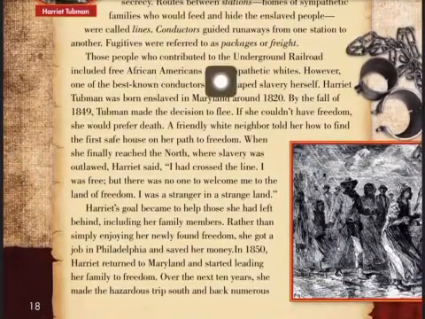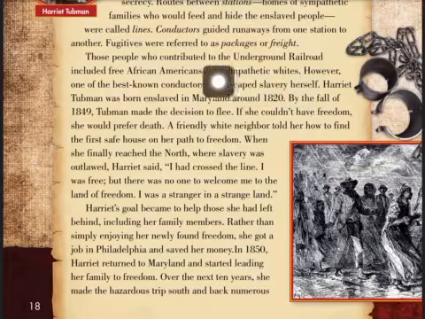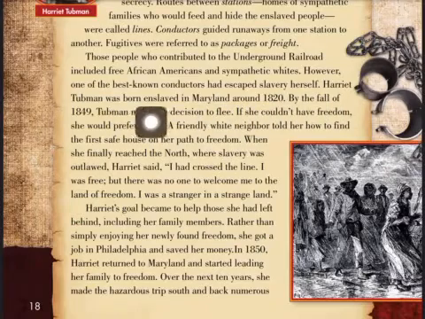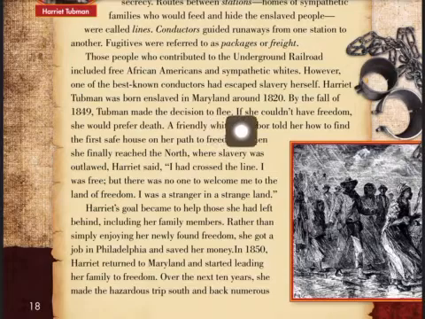These people who contributed to the Underground Railroad included free African Americans and sympathetic whites. However, one of the best-known conductors had escaped slavery herself. Harriet Tubman was born enslaved in Maryland in 1820. By the fall of 1849, Tubman had made the decision to flee.